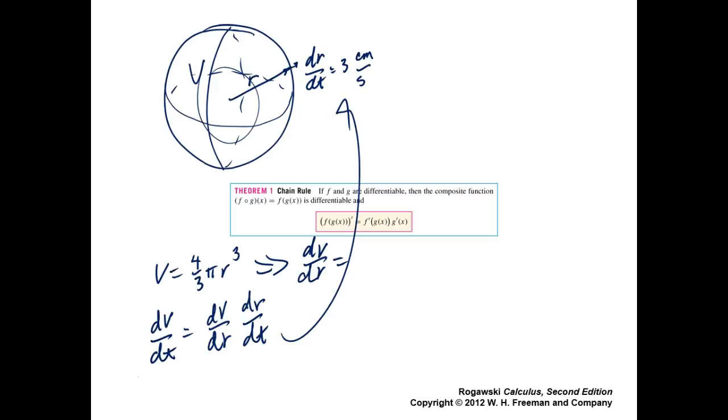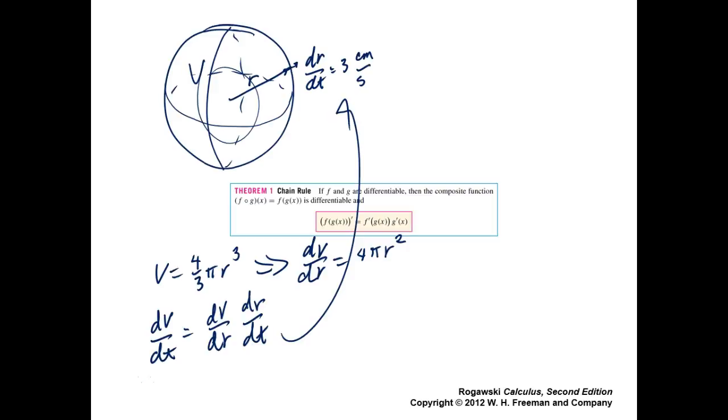Exactly. So dV dr would be 4 pi r squared, which interestingly, really interestingly, if you happen to notice back there when you're looking at the volume of the sphere, you've just given the area of the sphere. Bizarre. dV dr is also the area of that sphere. Strange but true. Okay?